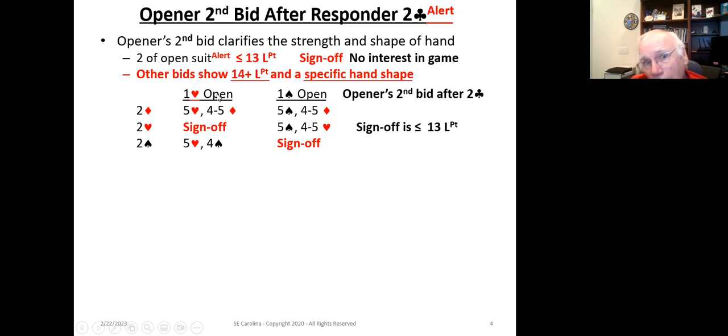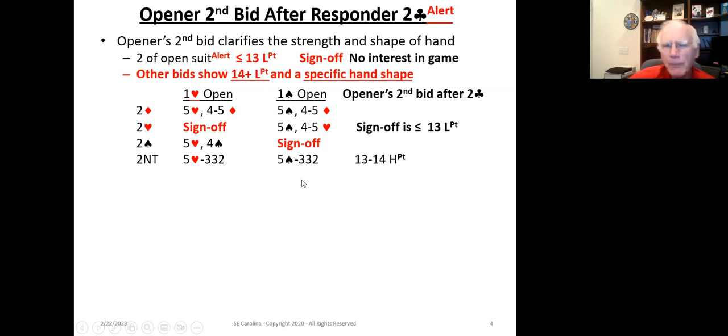You're probably seeing a pattern here. When the opener bids a new suit, they're saying they've got a 5-card major and at least 4 cards in the other suit they just bid. So you can see where the sign-off bid is: if it's 1 spade, 2 clubs, and then the opener bids 2 spades, they're going to sign off.